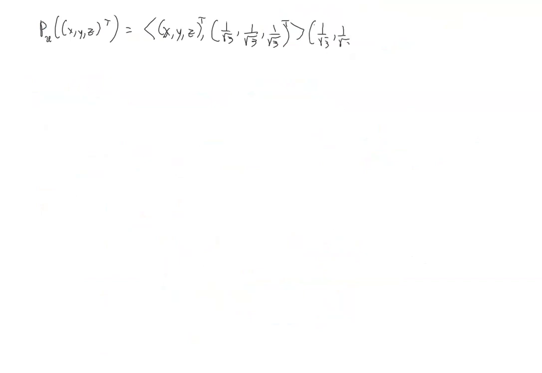The projection onto U of the vector (x, y, z) is going to be the inner product of (x, y, z) with the first vector, which was 1 over square root of 3, 1 over square root of 3, 1 over square root of 3, times the vector 1 over square root of 3, 1 over square root of 3, 1 over square root of 3, plus the inner product of (x, y, z) with the second vector, which was 2 over square root of 6, negative 1 over square root of 6, negative 1 over square root of 6, times this vector.